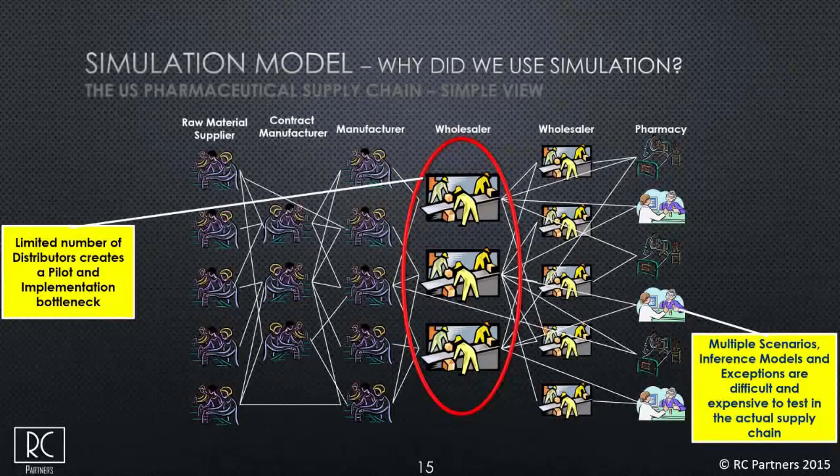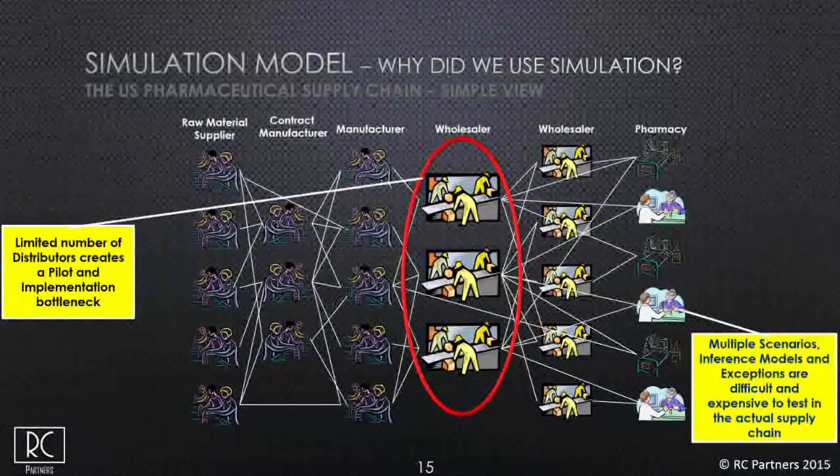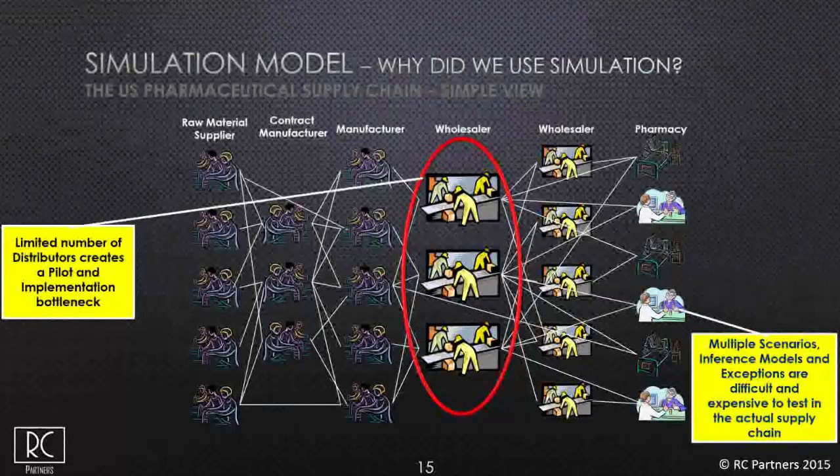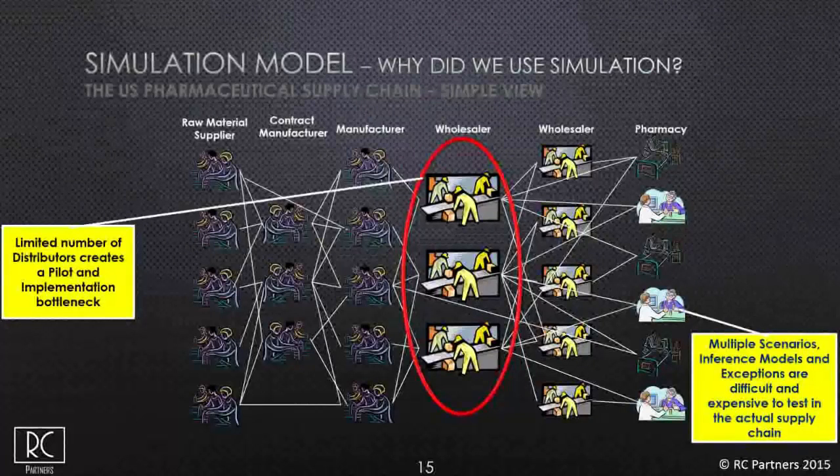All of this had to work correctly, and it had to work for not only very large companies that had resources to apply to this issue, but also very small companies like independent pharmacies that have very little resources, very little IT equipment, very little space even within their pharmacy to be able to manage the product as it became serialized and the data that was expected of them.